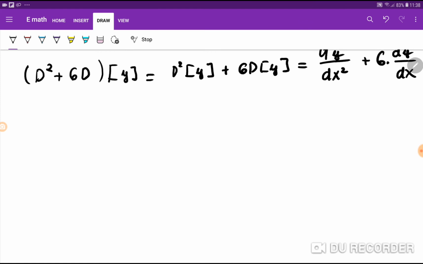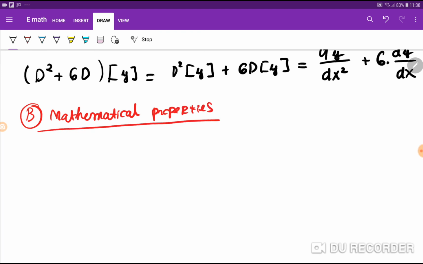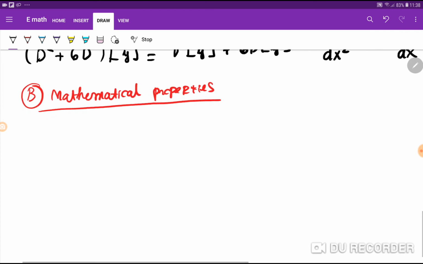The first property I want to talk about, the first mathematical property, is equation 1, section 2.1.